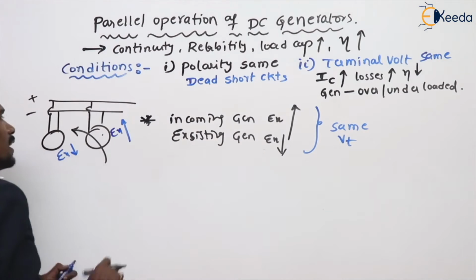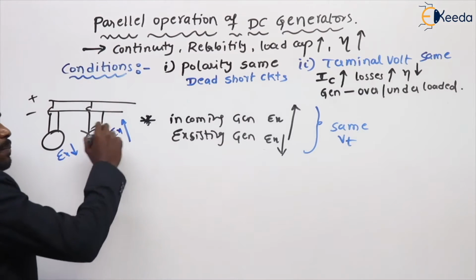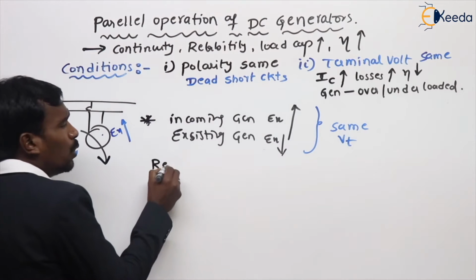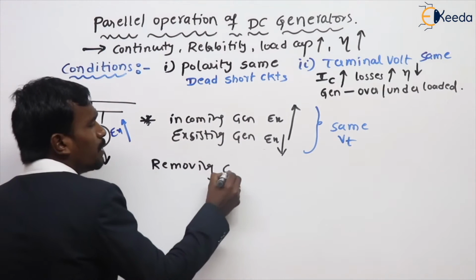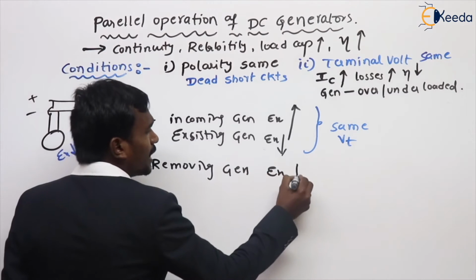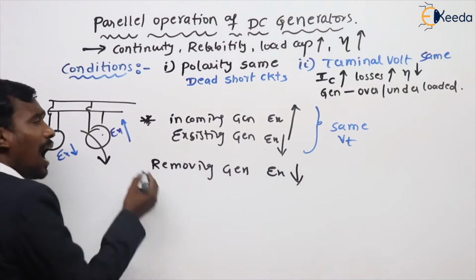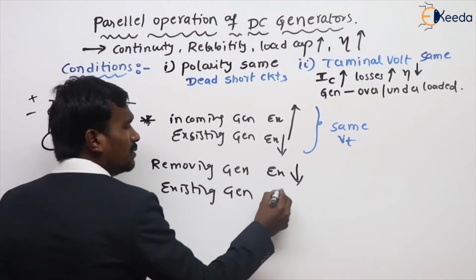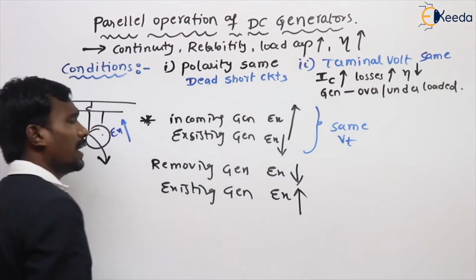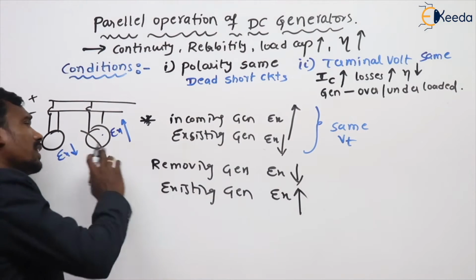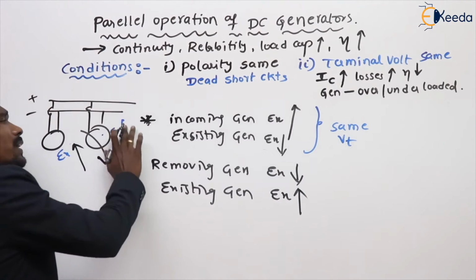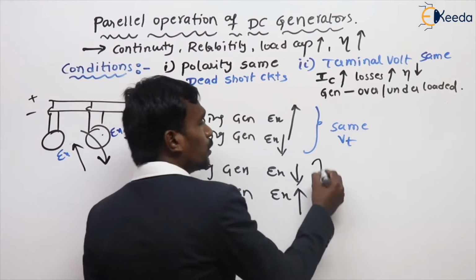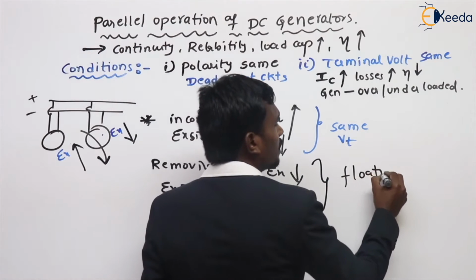And when we are removing a generator from the parallel operation, in this condition the removing generator excitation should be decreased and the already existing generator excitation should be increased. The removing generator excitation we have to reduce up to the floating point.